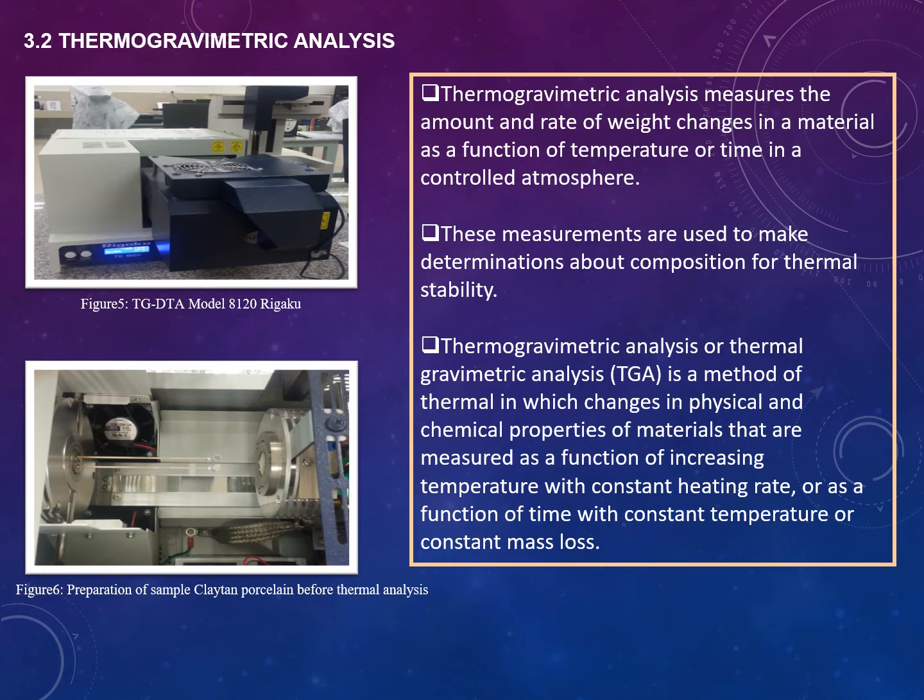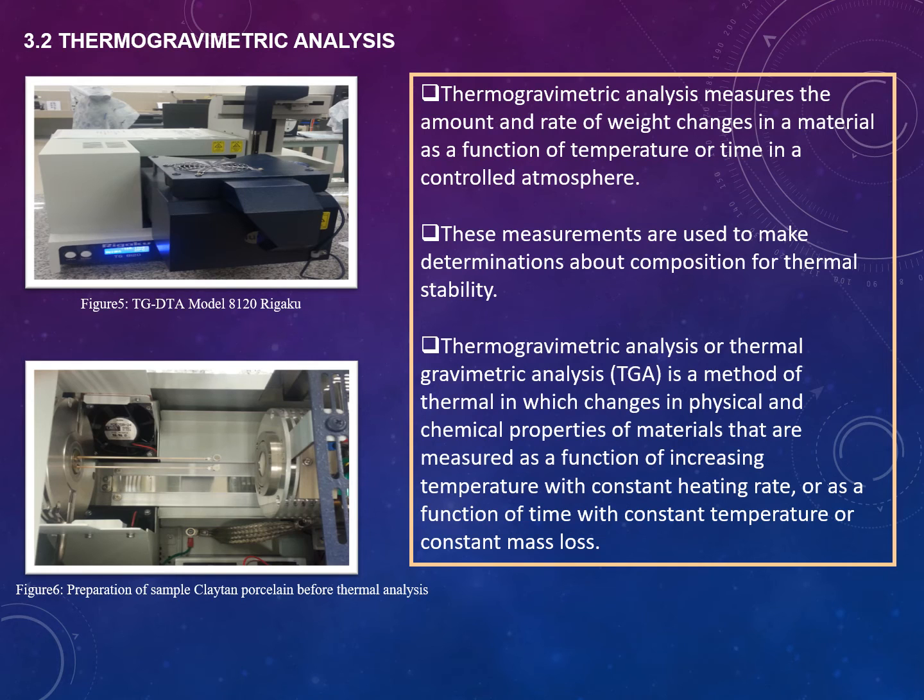The sample must be below 20 grams. Thermogravimetric analysis measures the amount and rate of weight change in a material as a function of temperature or time in a controlled atmosphere. These measurements are used to make determinations about composition and thermal stability.